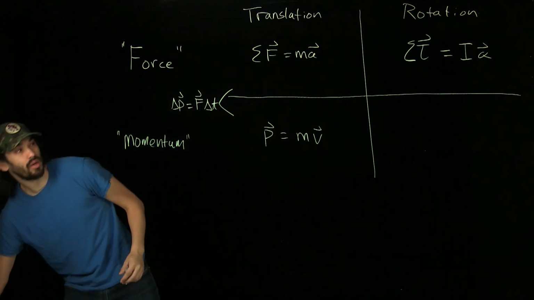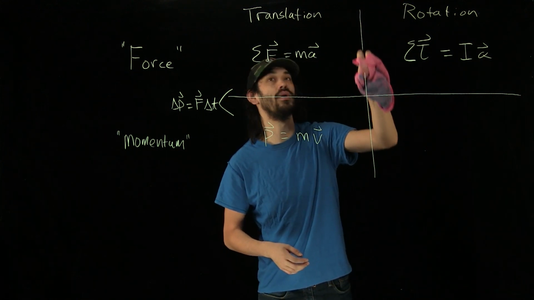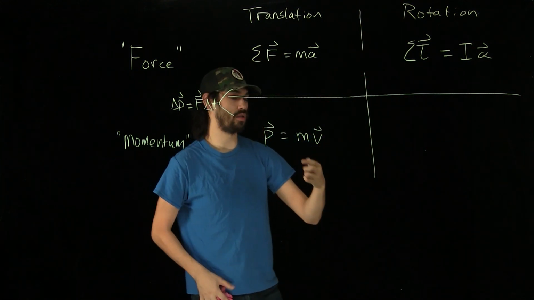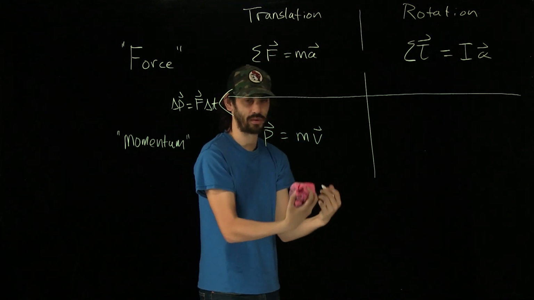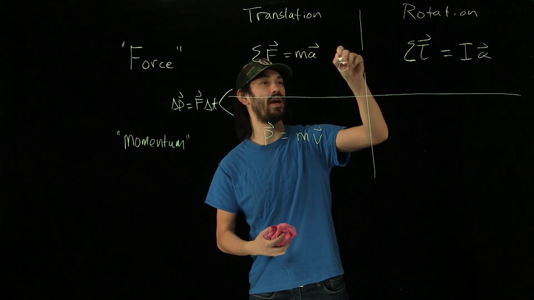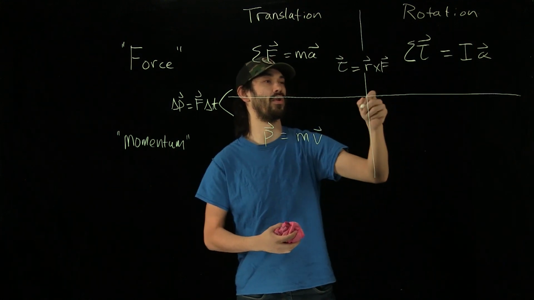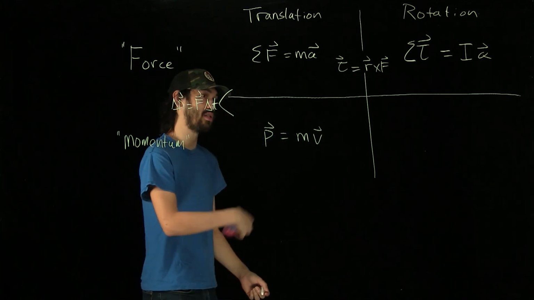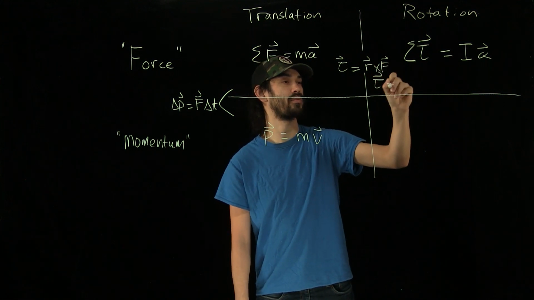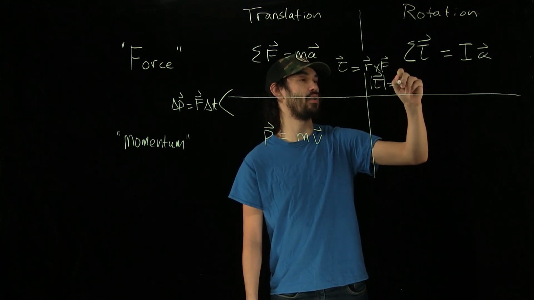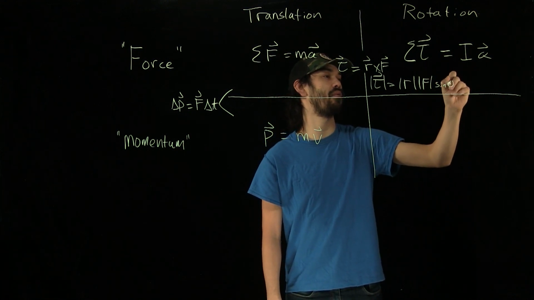Now, we also saw that this torque was itself connected to the force. If we wanted to find what the torque was acting on an object when we apply some force to it, the torque is going to be equal to r cross F. Or we wrote this more succinctly as a magnitude: the magnitude of the torque is going to be equal to the magnitude of r times the magnitude of F times the sine of the angle between them.